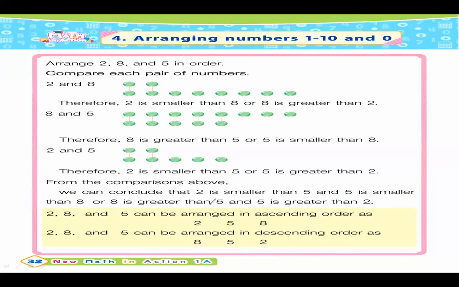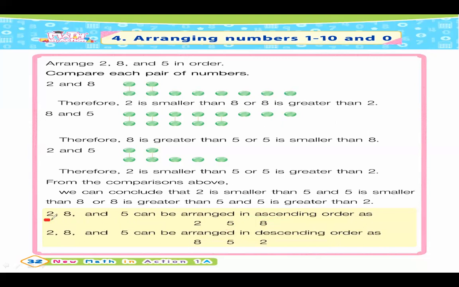So let's say this one. We have here ascending order and descending order. 2, 8, and 5 can be arranged in ascending order, which is 2, 5, 8.